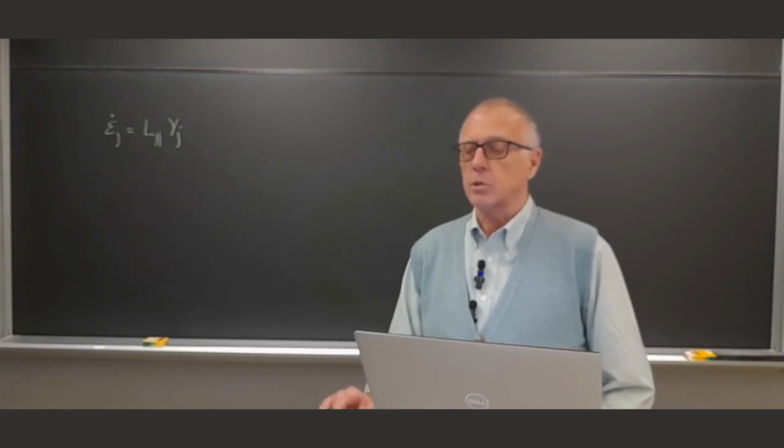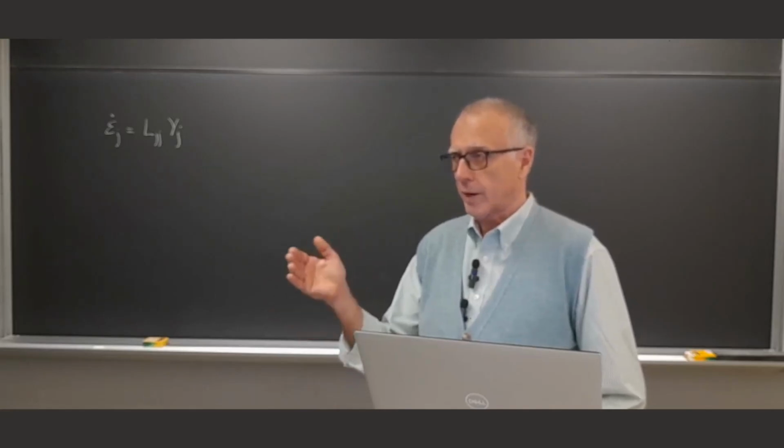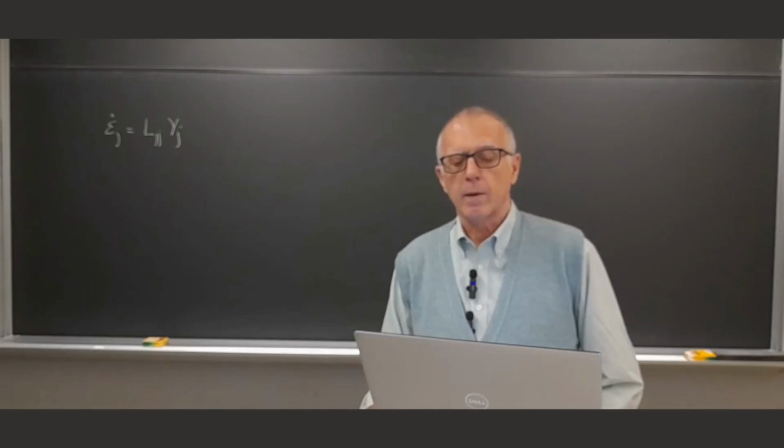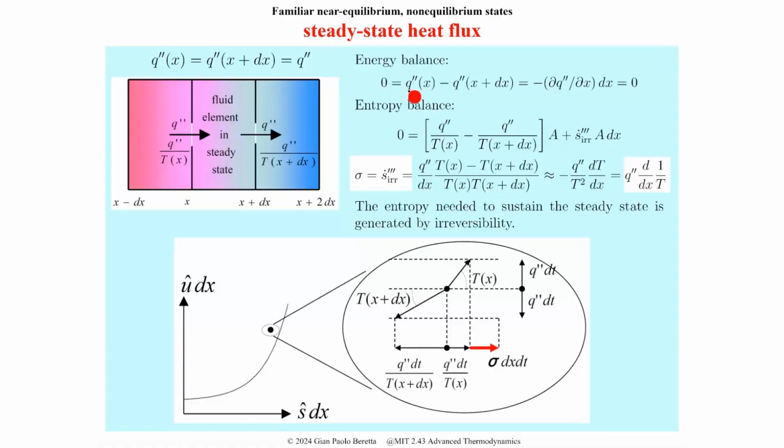I'm using here the notation of heat transfer. So Q double prime is the typical notation for heat flux. And then we have the heat flux at x plus dx. So you may recognize this as the increment of the function Q double prime, which is a function of x. So this is the partial of Q double prime with respect to x times dx. And it is equal to 0.